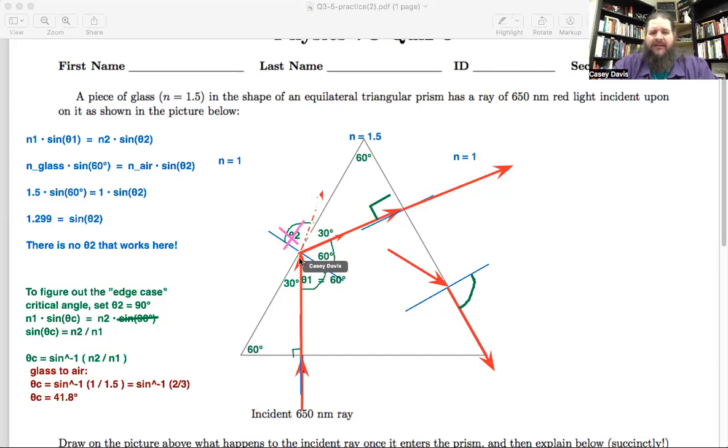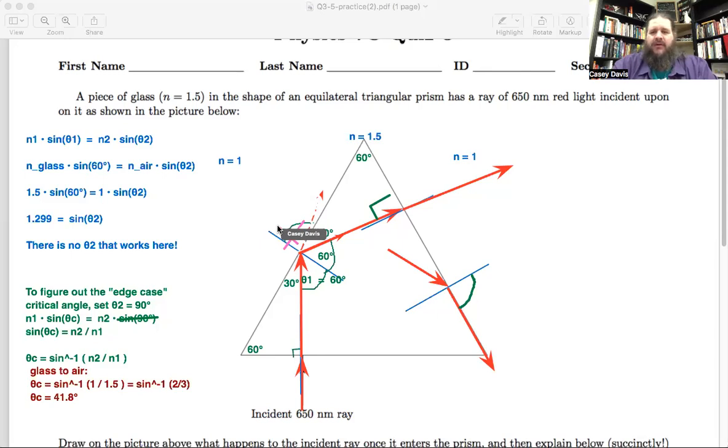So you immediately know it's going to totally internally reflect. Whereas if the incoming angle was less than 41.8 degrees, you'd know that some of it would leave. And at that point, you would use Snell's law to figure out at what angle it leaves. But knowing the critical angle can often save time if you're going to be dealing with several interactions of the same two media, like glass and air, for instance.